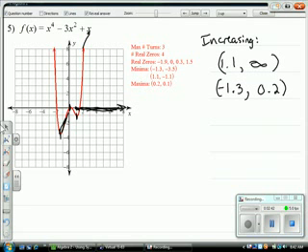Again, this is increasing in this area here and increasing in this area here. So we're looking for the x values that pertain to that. Let me just get rid of some of this stuff here.